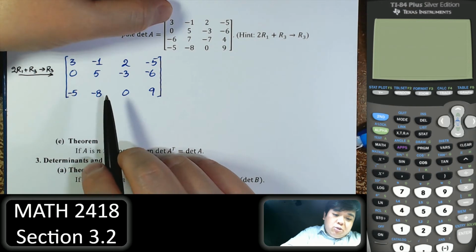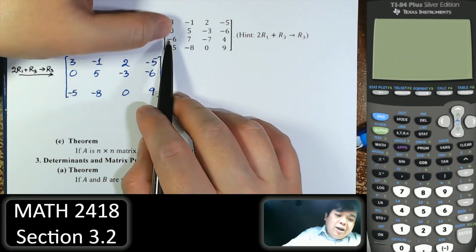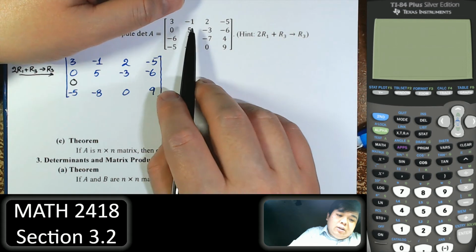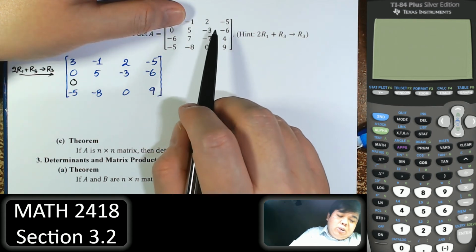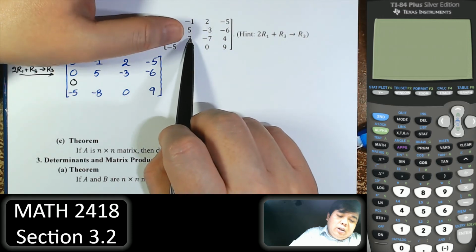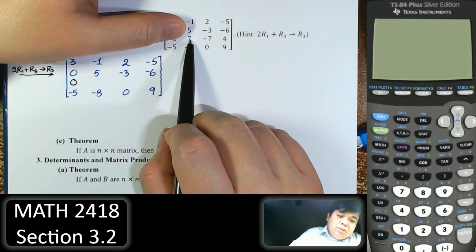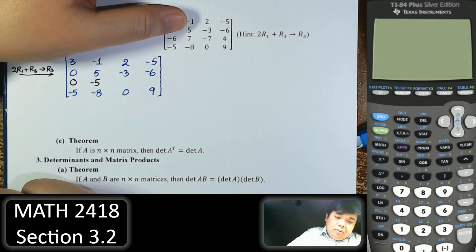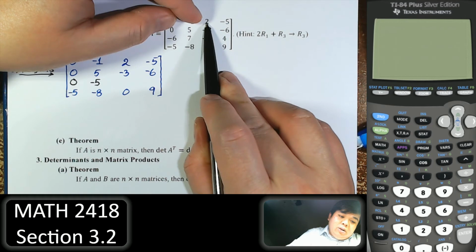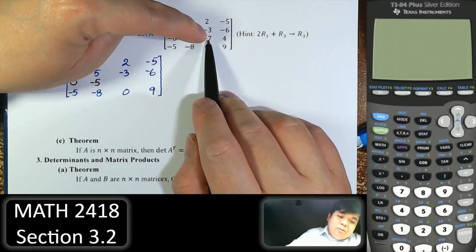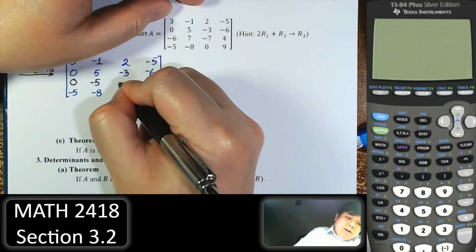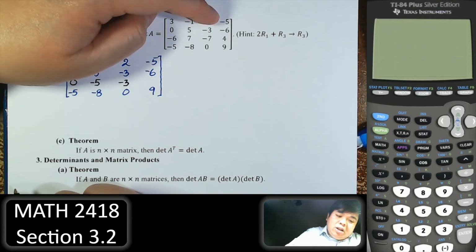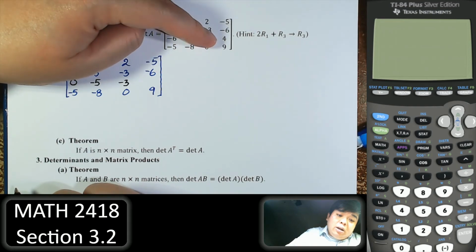Right, now 2 times row 1, 6 minus 6. 2 times -1, -2, plus 7, so 5. 2 times 2 is 4, minus 7, minus 3. 2 times negative 5 is negative 10, plus 4 is negative 6.